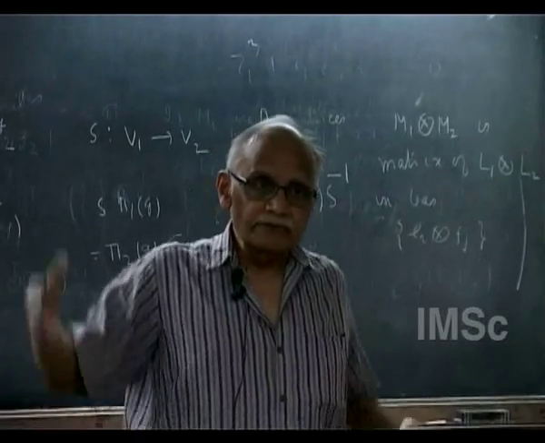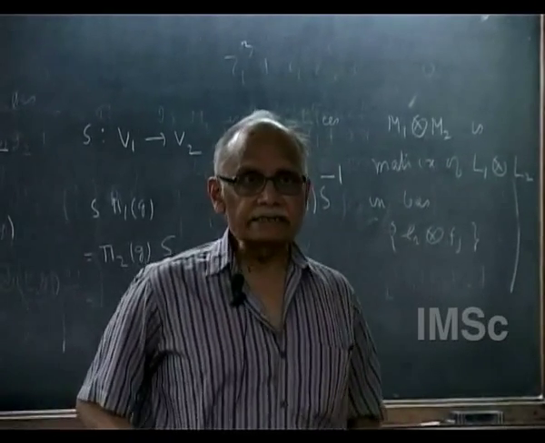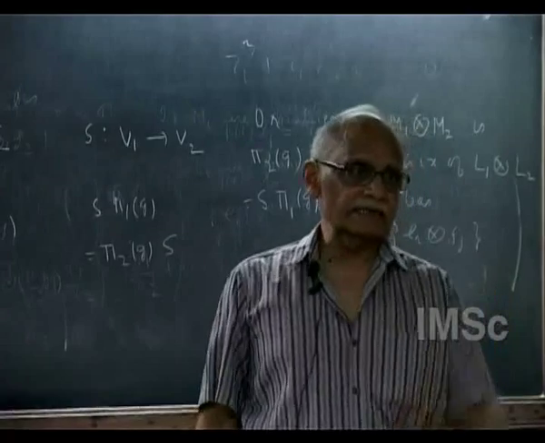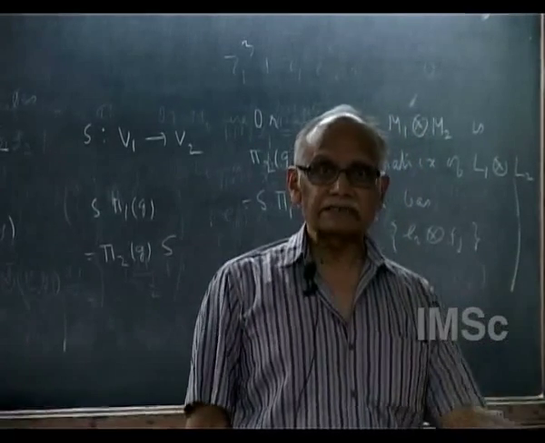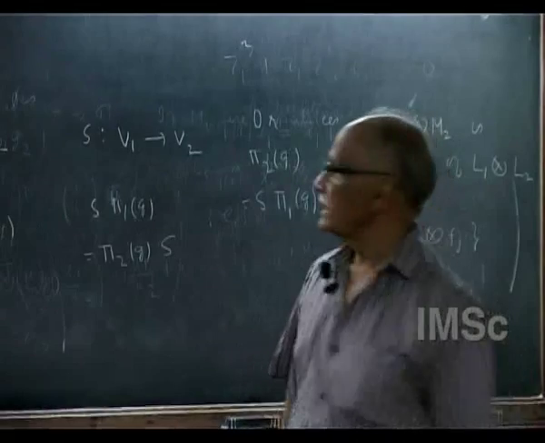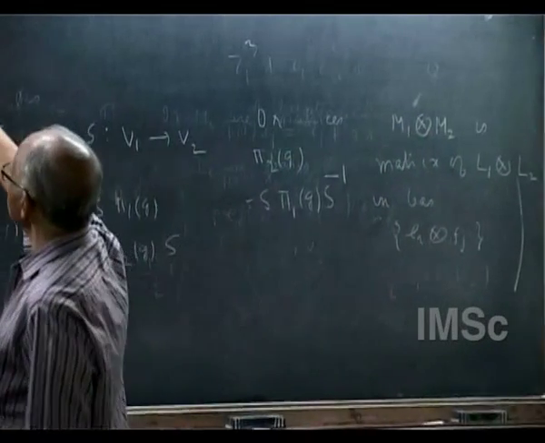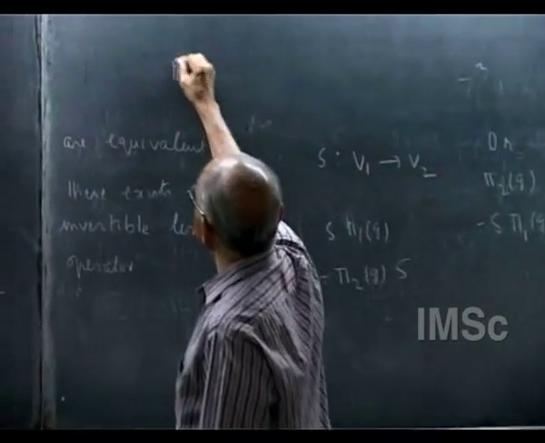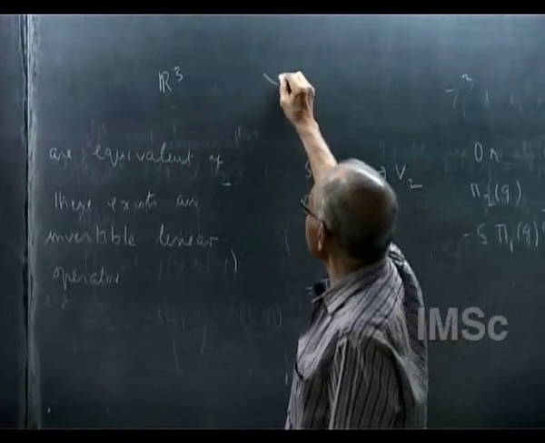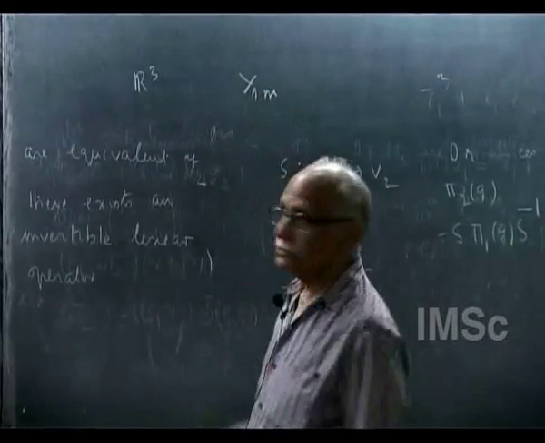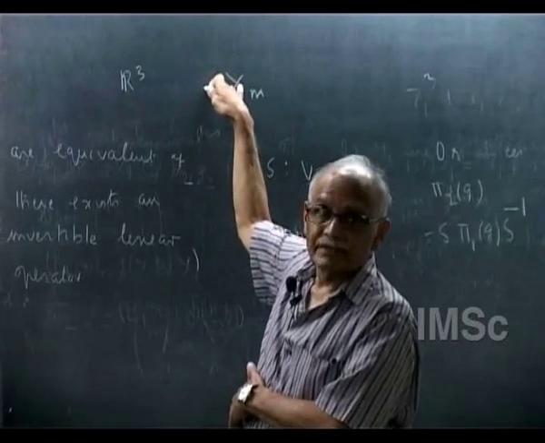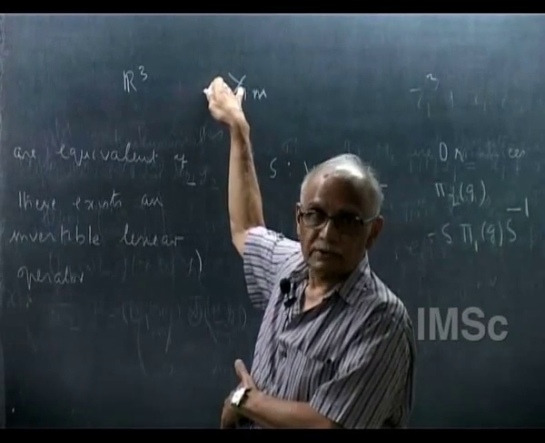But very often we will be given these things in completely different avatars. One will act on some complex vector space, the other will act on some functions. For example, you may have come across rotations. Say rotations act on R3, right? But they also act on spherical harmonics, Y1m. These are three functions, m equal to 1, 0, minus 1.